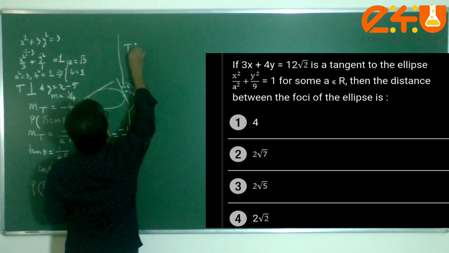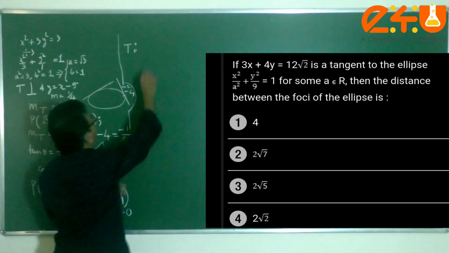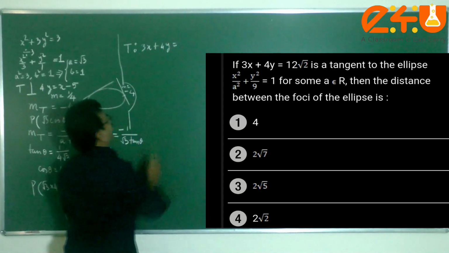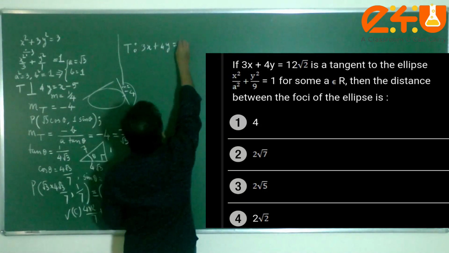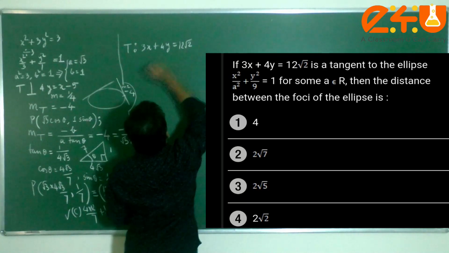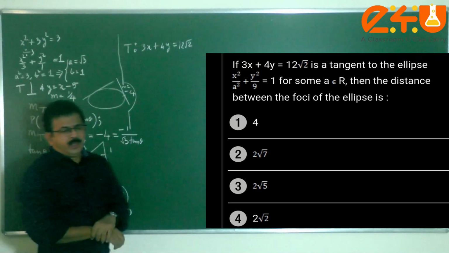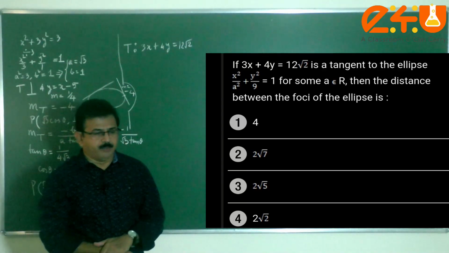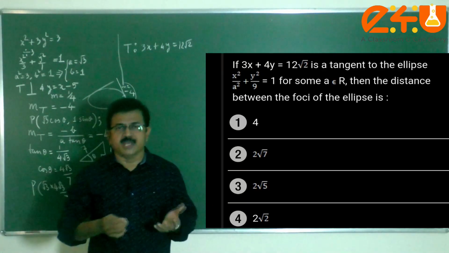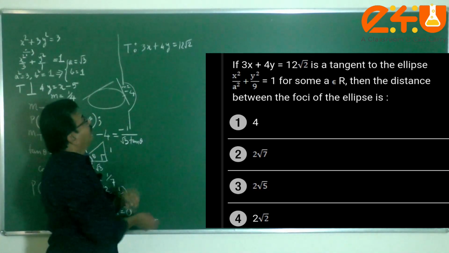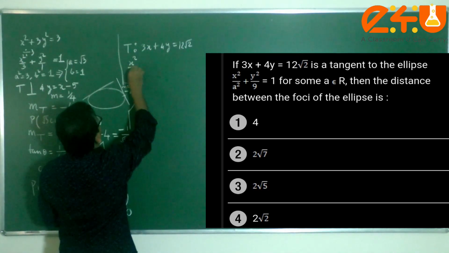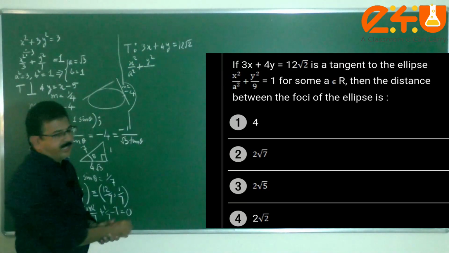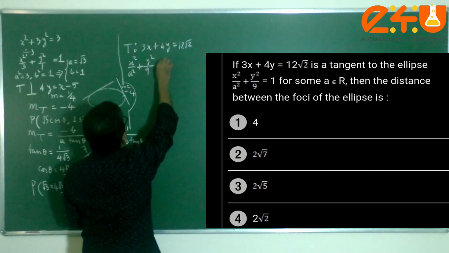So the tangent equation you are having is 3x plus 4y equals 12 root 2, for some a, to the ellipse x square by a square plus y square by 9 equal to 1.